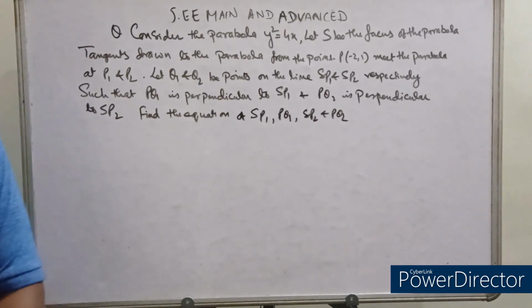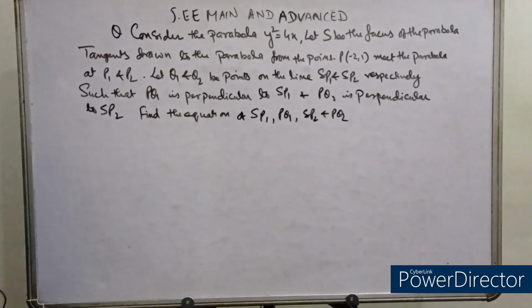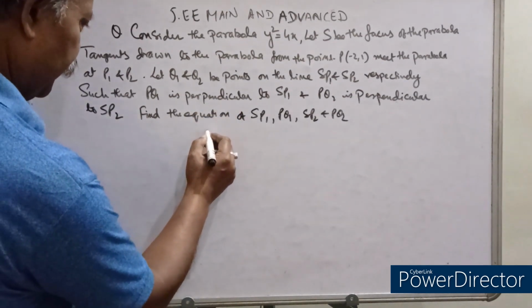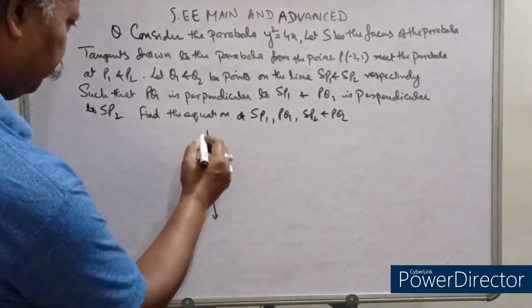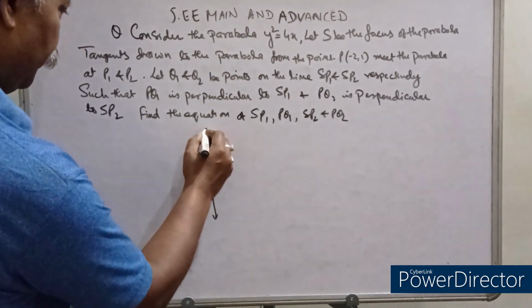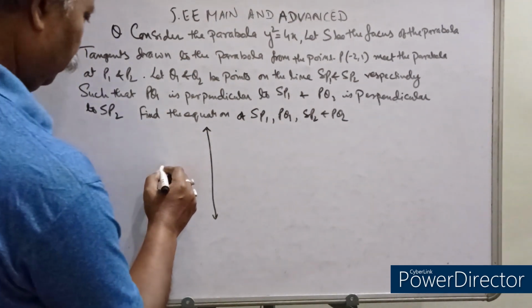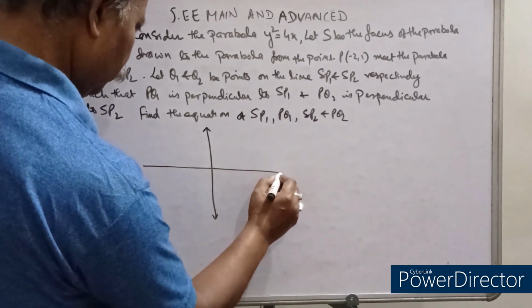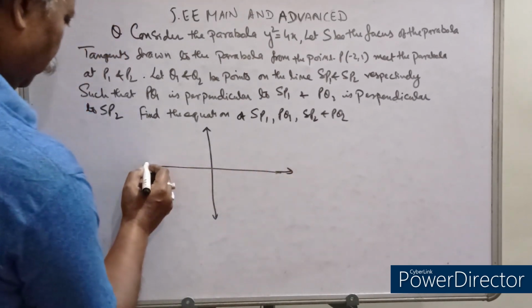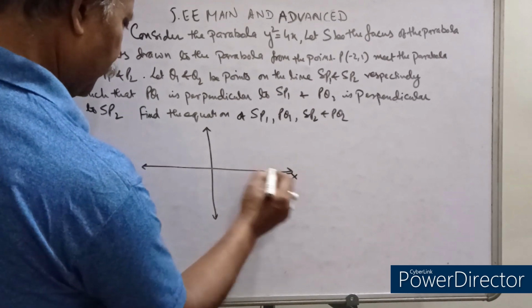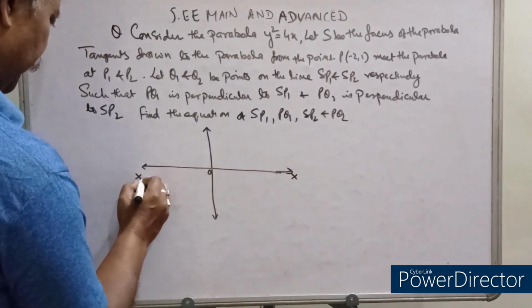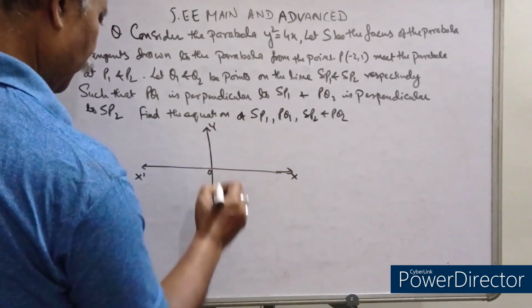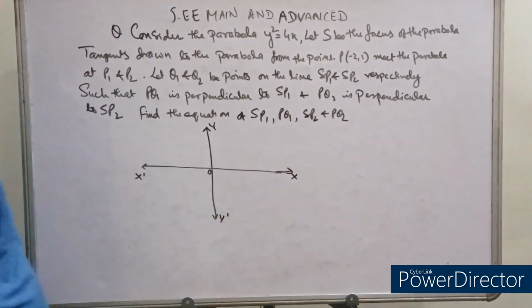So now here you see, first of all I am going to draw the graph. X O X dash, Y O Y dash.